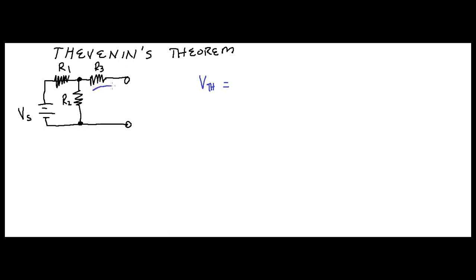The current traveling here, I equals 0. There's nowhere for it to go, right? So in essence, your current is just traveling in this loop. So it goes to R1 and it goes to R2, right? Since there's no current in this loop, we really want to find the voltage right here, right?